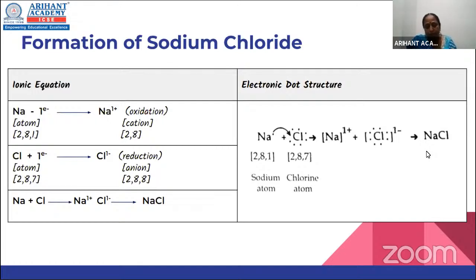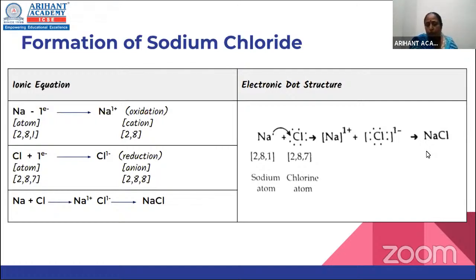On the other side, children, remember, even if the configuration of sodium is 2, 8, 1, we are only going to take the last shell into account, which has just 1 electron. Do not try to draw the other shells, the other electrons, just the last one, which is the valence shell. In 2, 8, 7, we have to concentrate only on the 7.